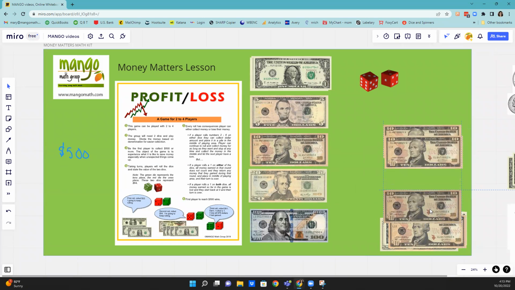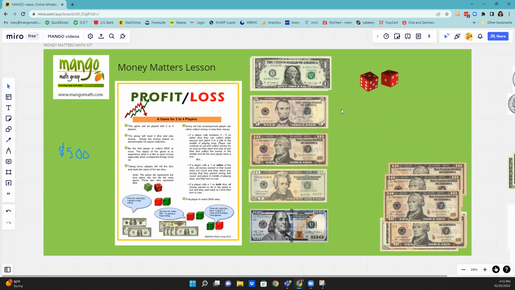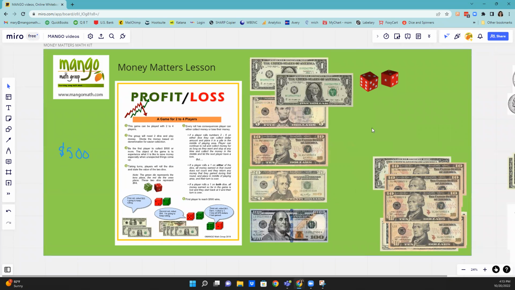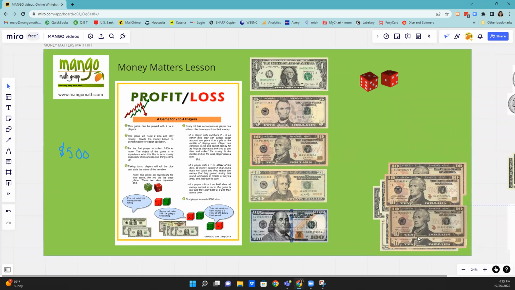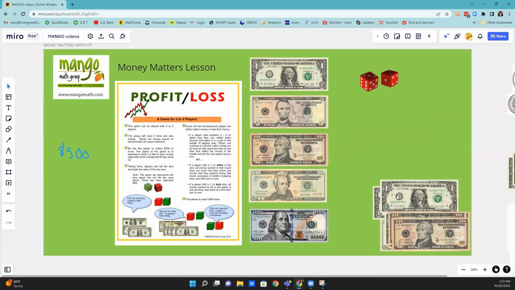They're going to add that to their pile here. So now they're adding that $32 onto the amount that they already had collected, and keeping track of the whole time to make sure that they get to 500.